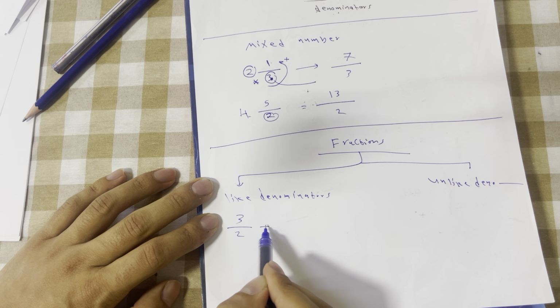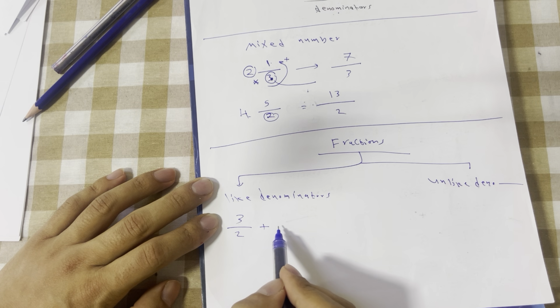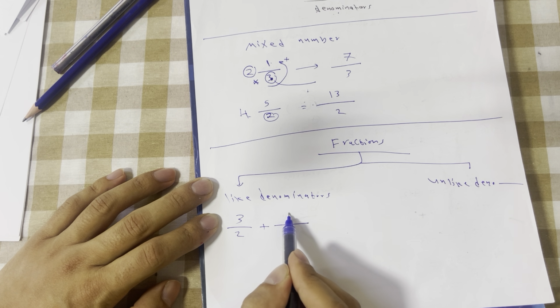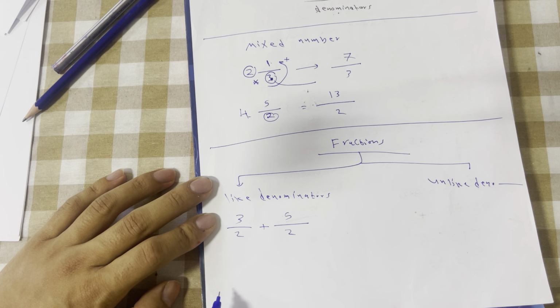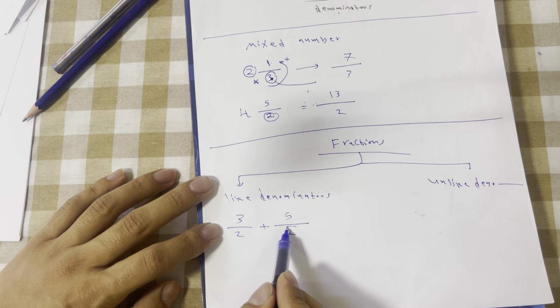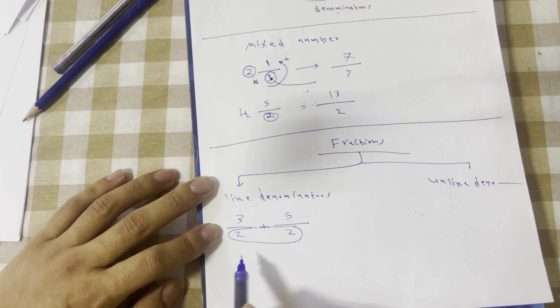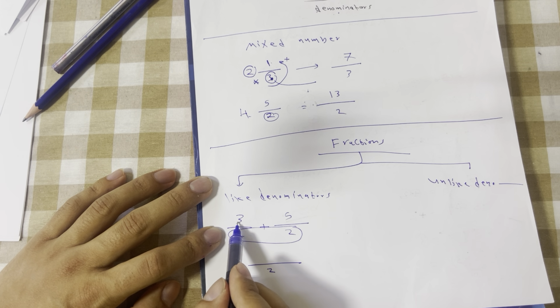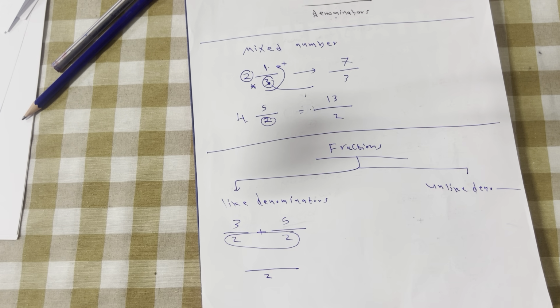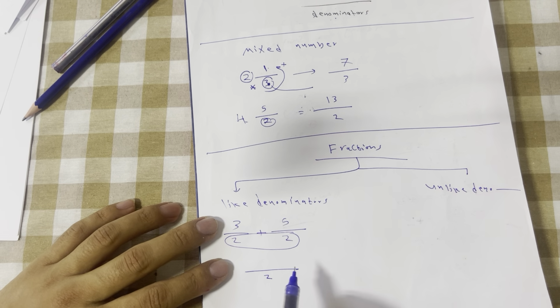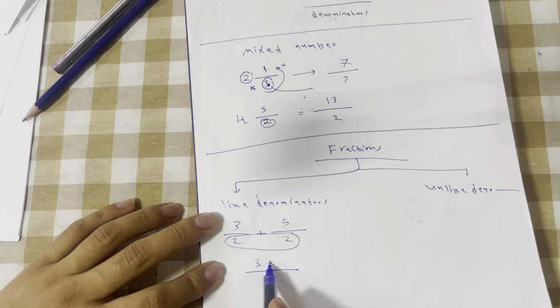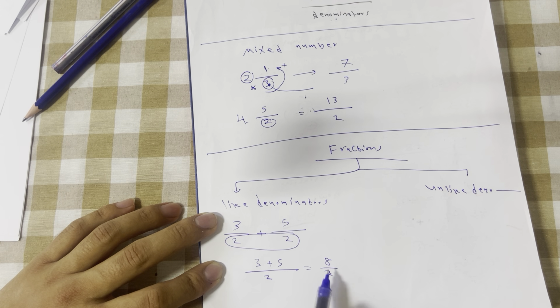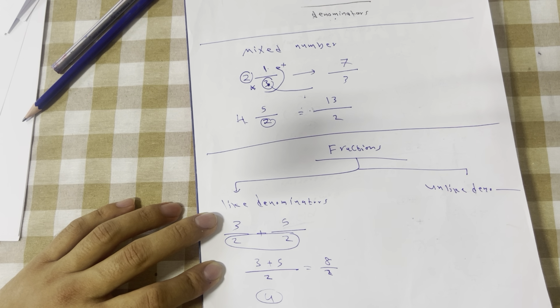If we have what? 3 over 2 plus or minus 5 over 2. Because we have the same denominator, so it is very, very easy. So you have to keep the denominator and you just add the numerators. Okay, 3 plus 5 equals 8 over 2, and 8 over 2 equals 4.